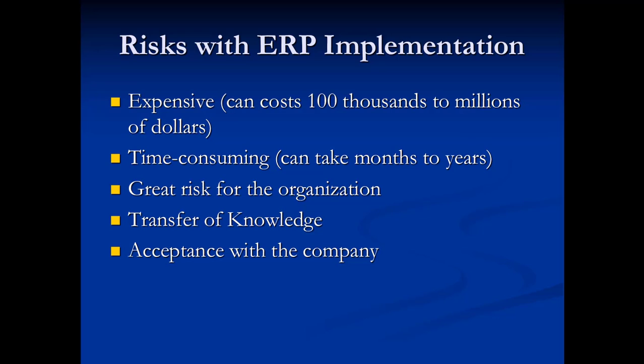Transfer of knowledge: if the knowledge is not properly transferred to the internal staff by the vendors, it is going to be an utter failure in implementing this kind of software. Acceptance by the company's people is another important question to be answered, because the software will evaluate individual performance, and how they will react to it matters.